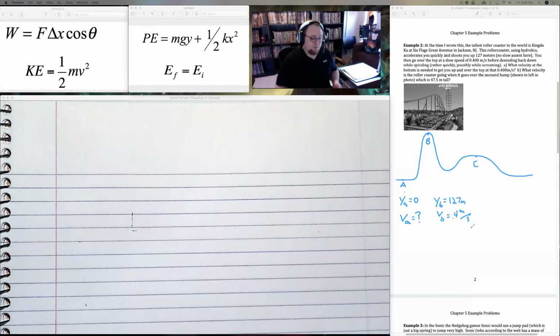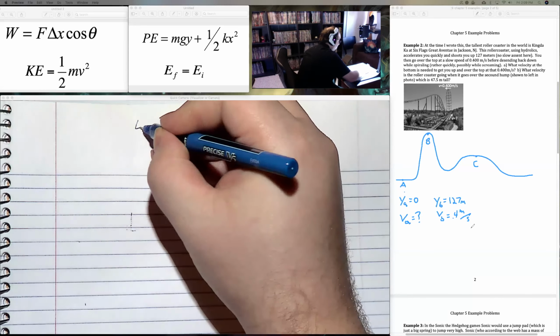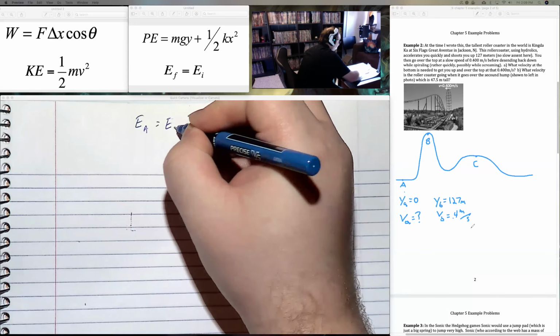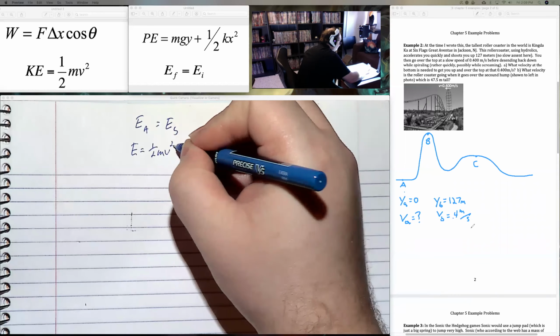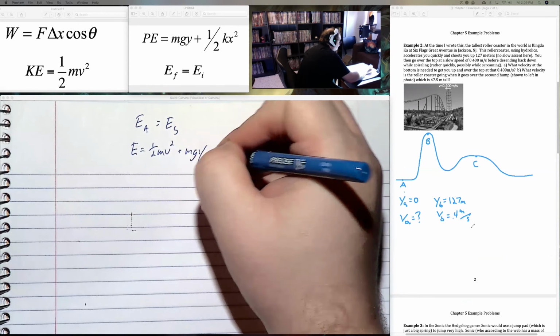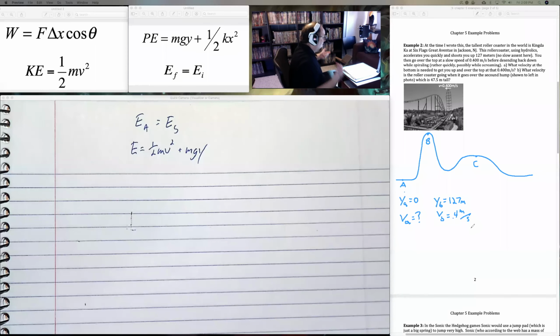Well, I'm going to solve this with the same logic. I'm going to say that my energy at A equals my energy at B. My energy is kinetic plus potential, plus potential due to a spring, but there are no springs here, so I'm going to ignore that.